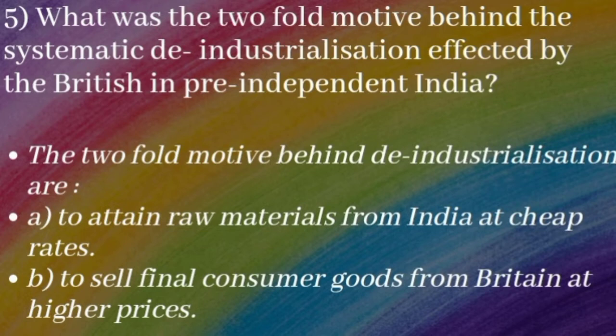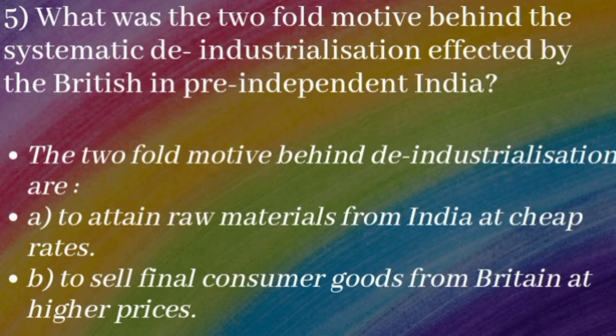Then the second one is to sell final consumer goods or final finished goods from Britain at higher prices. So to sell those final goods, produced in Britain, in India at higher prices, so that they can earn profit, and they are not giving any sort of payment for these exports made from India.